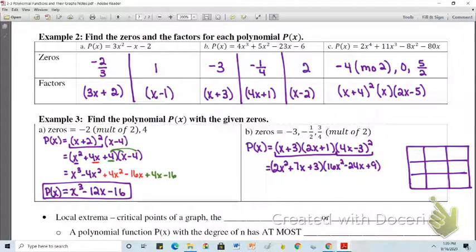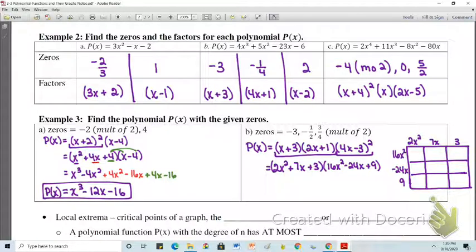If you can remember, the area model is where we draw a box and we put one polynomial up on top. So that's the 2x squared, 7x, and 3. And I put one polynomial down the side. So 16x squared, negative 24x, and 9.